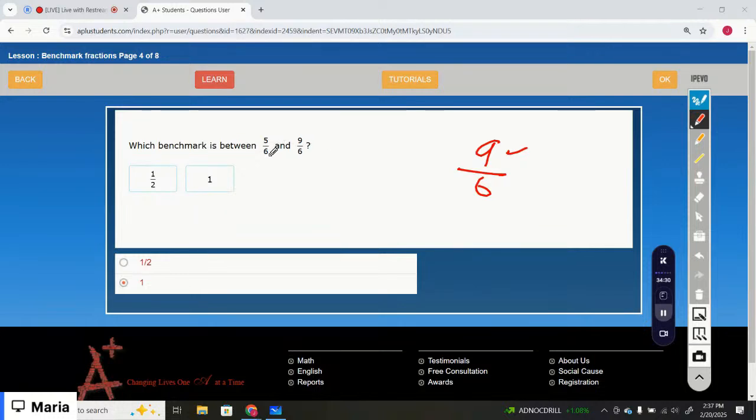So 5 by 6 is less than 1, but 9 by 6 is greater than 1.